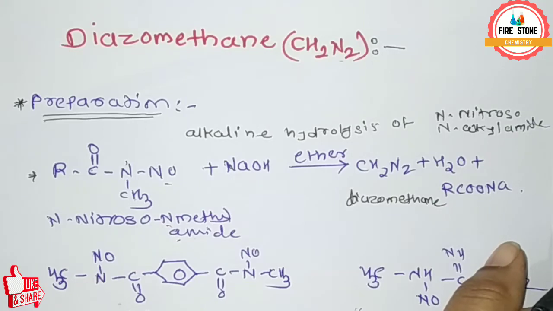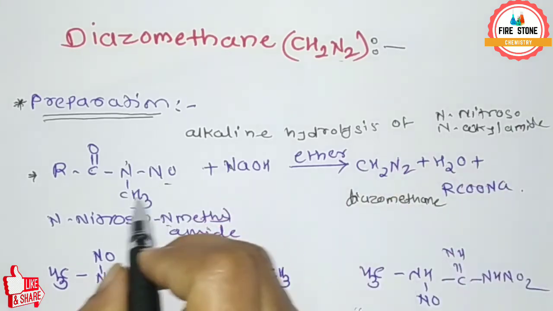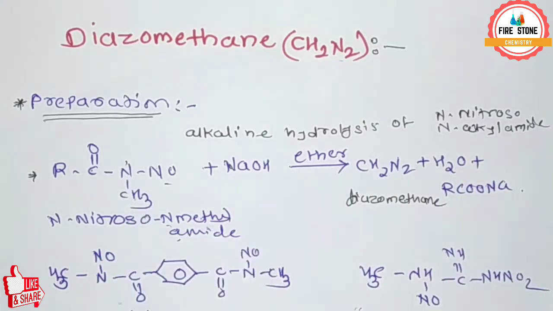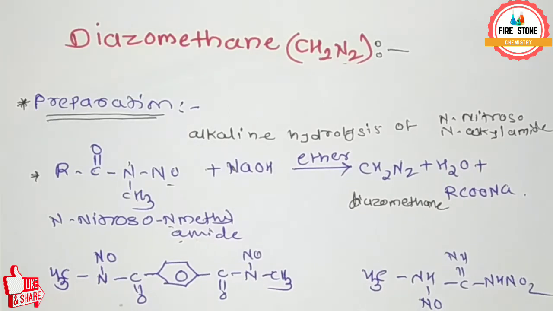So they undergo elimination, and we get CH2N2 as a product. So this is how the reagent is prepared, from the alkaline hydrolysis of N-nitroso N-alkyl amide.